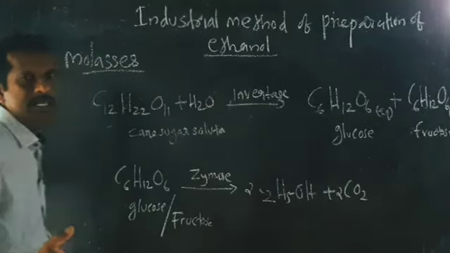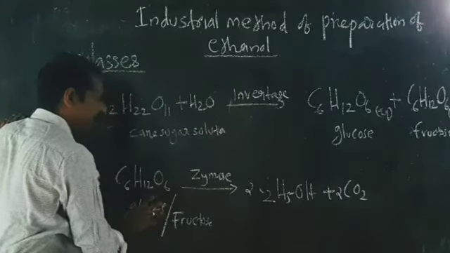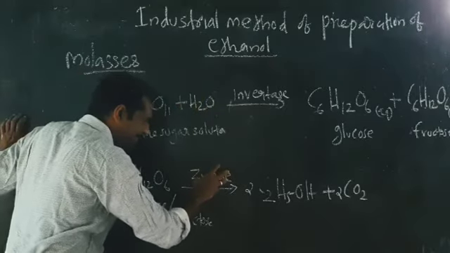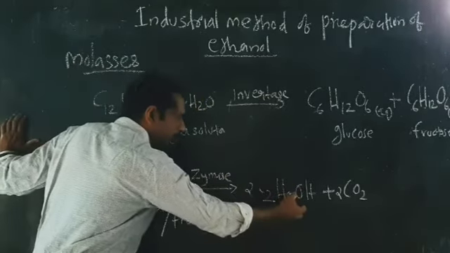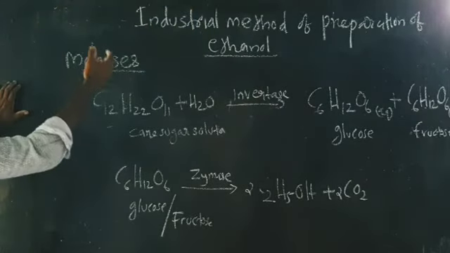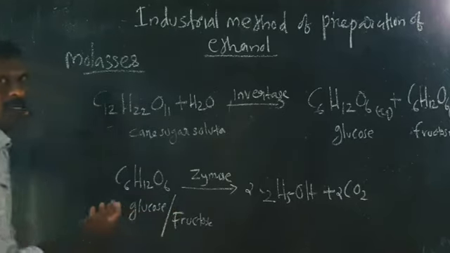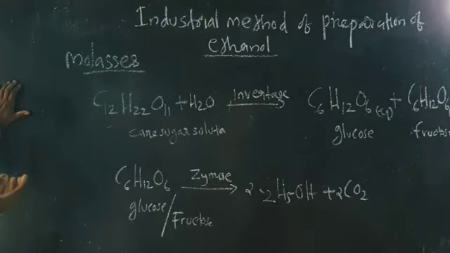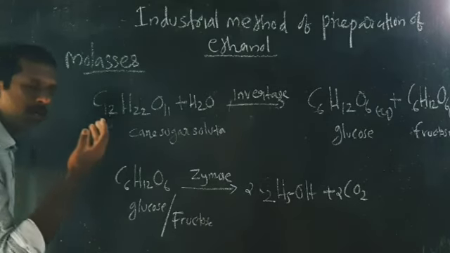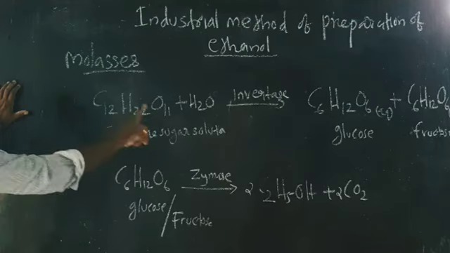This is the first stage. In the second stage, this glucose or fructose is converted by the enzyme to ethanol and carbon dioxide. Very important: ethanol is manufactured by the fermentation of molasses or cane sugar solution using yeast as a catalyst. Clear?